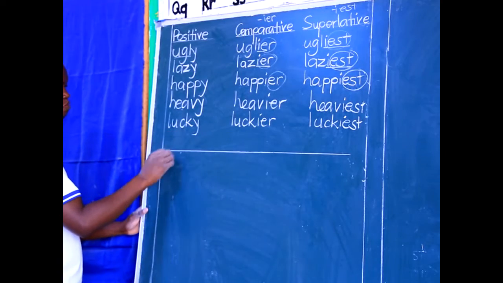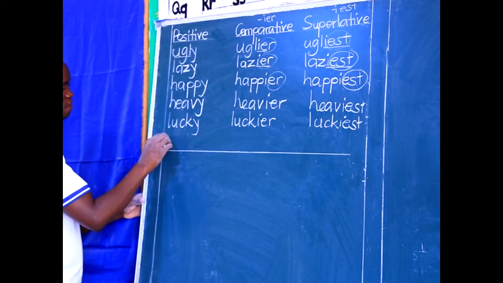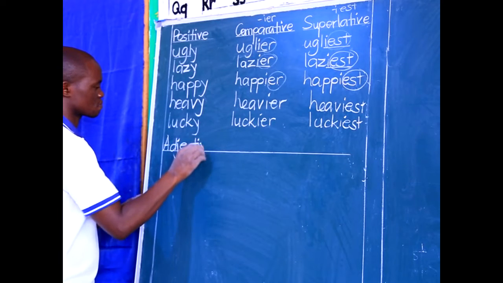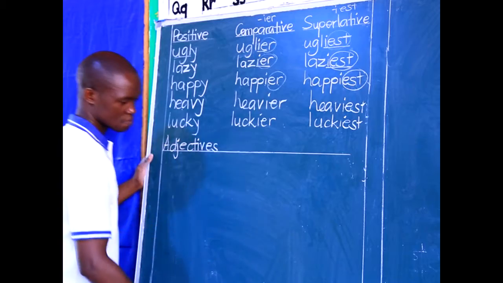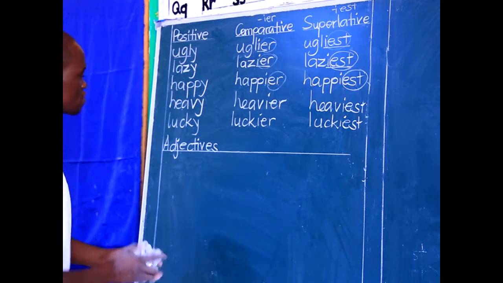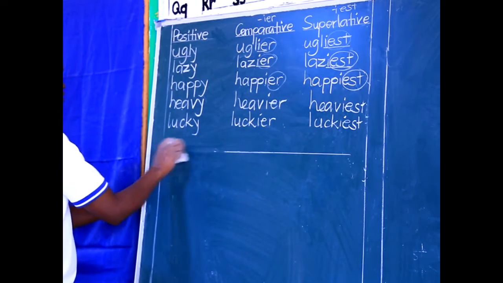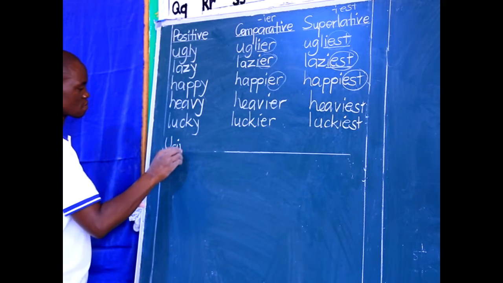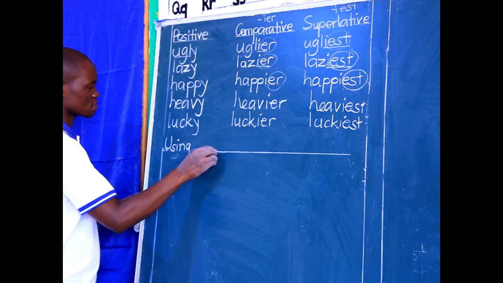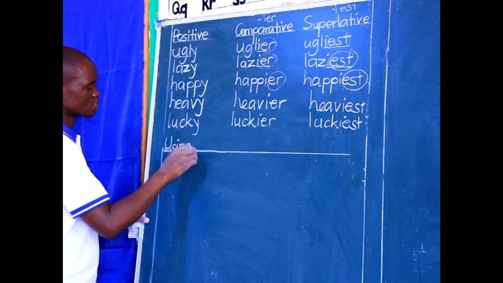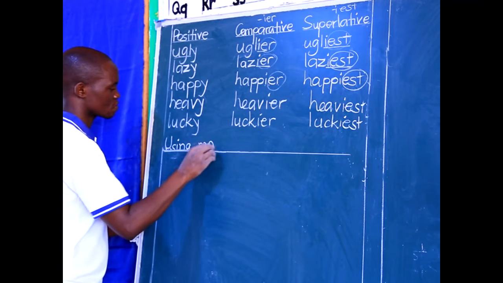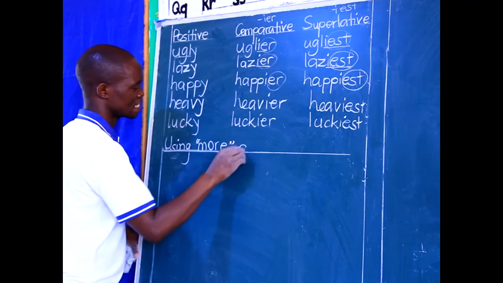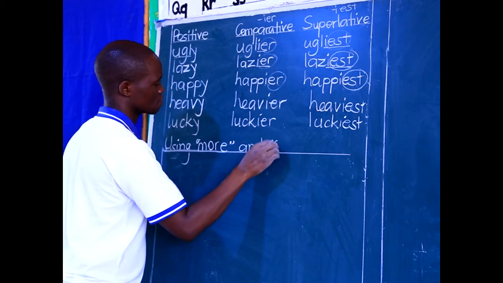Words that change to more and most. Adjectives. Using, this time not a suffix, this is not a suffix, using more and most.